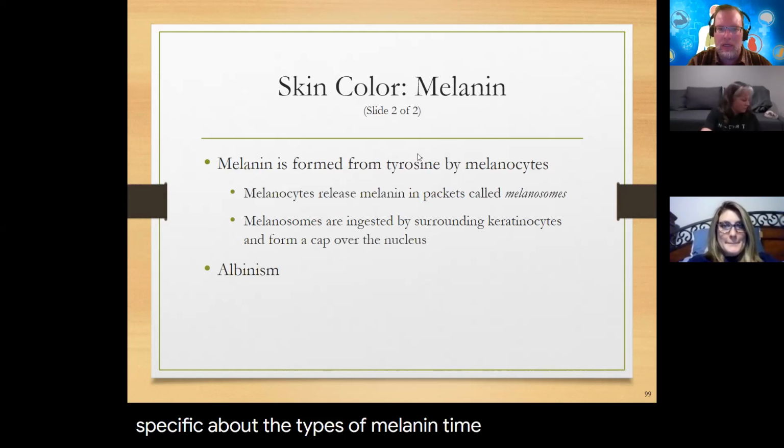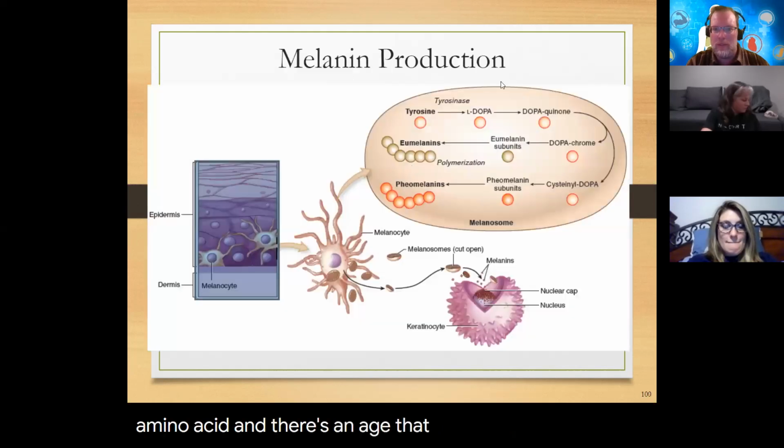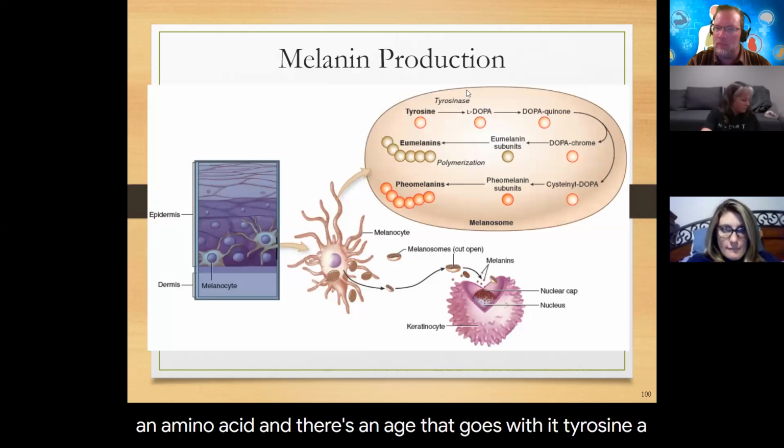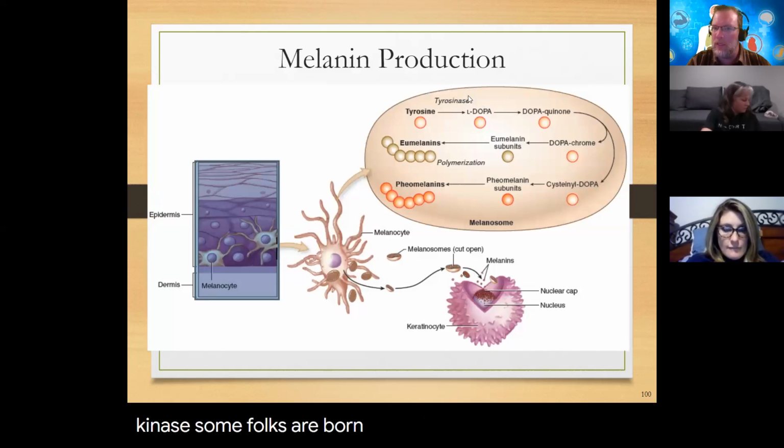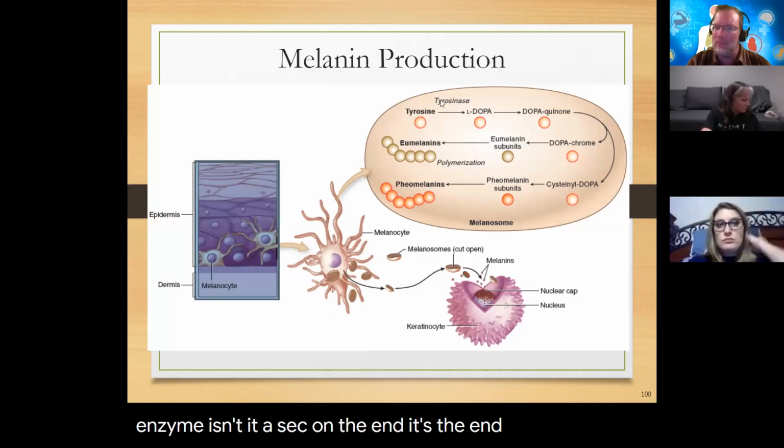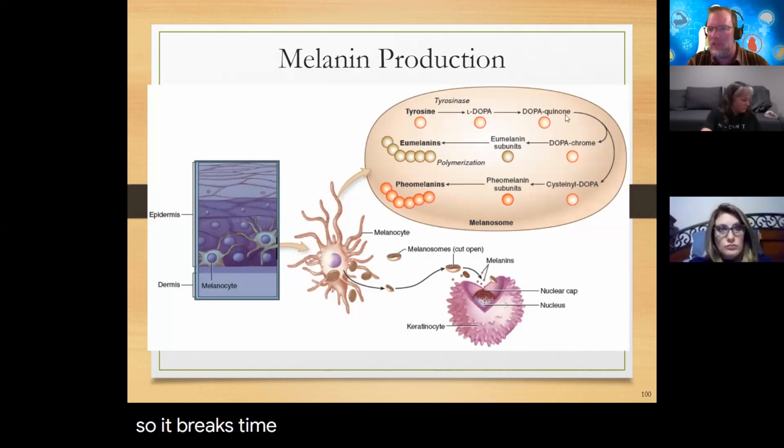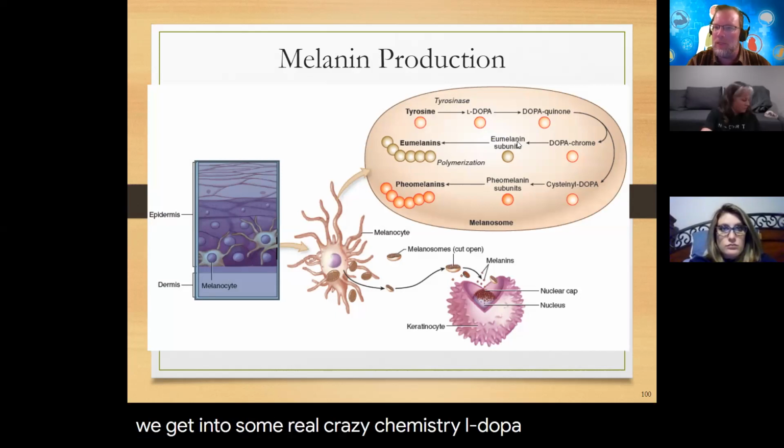Tyrosine is an amino acid, and there's an enzyme that goes with it, tyrosinase. Some folks are born without that enzyme. It's the enzyme for tyrosine, with the -ase on the end. It breaks tyrosine into L-dopa and dopaquinone, and then we get into some real crazy chemistry. L-dopa, maybe that's dopamine related.